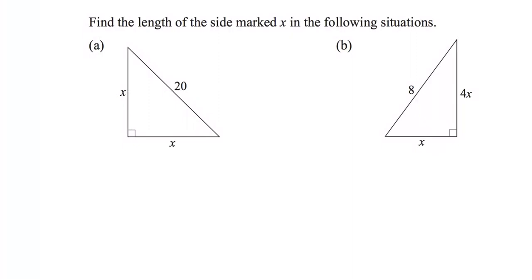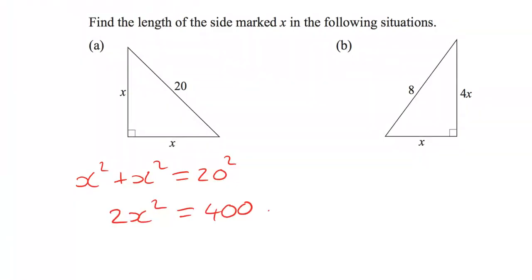Let's start with A. In this case, we can just start applying Pythagoras in the normal way. Those two sides squared add to make the hypotenuse squared. So let's write that out. x squared plus x squared equals 20 squared. If we know our algebra, we can collect those up together. That's 2x squared equals 400.